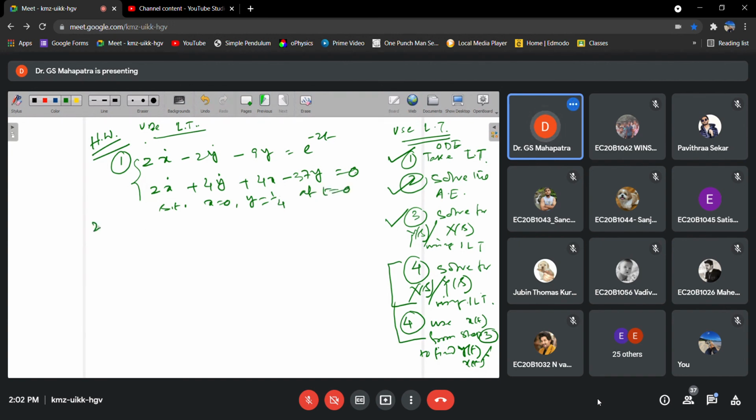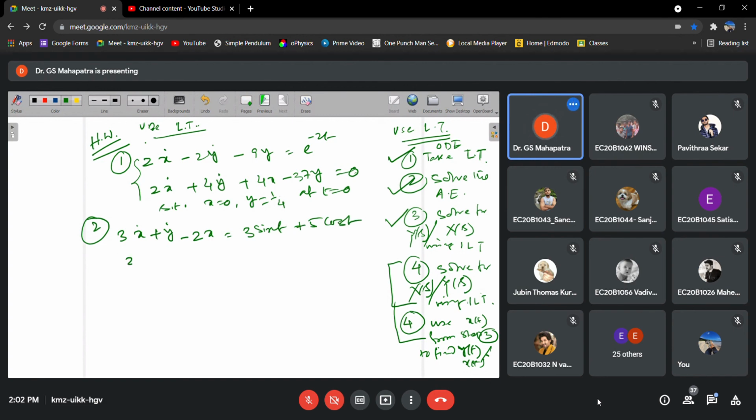Question number 2: 3x dot plus y dot minus 2x equals 3 sine t plus 5 cos t.